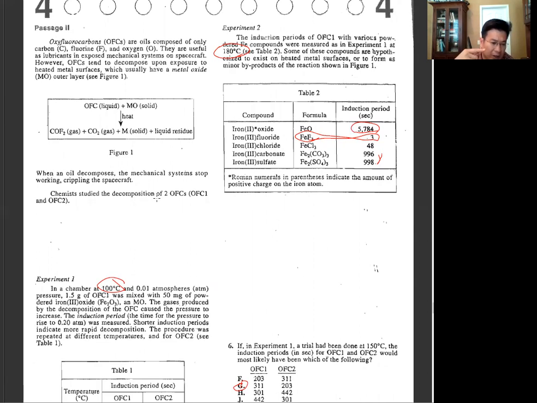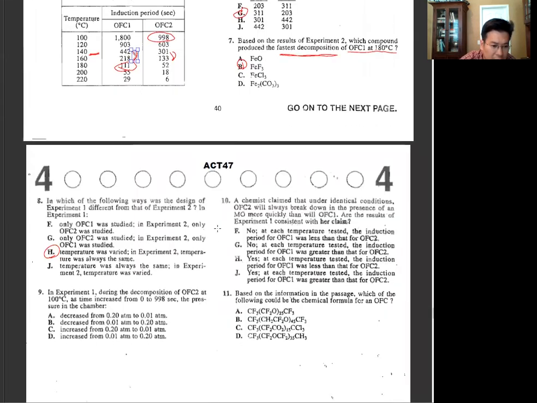But if you think about it, as the pressure builds up, at 100 degrees Celsius, you keep boiling, and then pressure will build up. That's why it says here the induction period is when the pressure rises to 0.20. So it's going to rise up to 0.20, which is B or D, but it's decreased now. So D is the answer for this one.